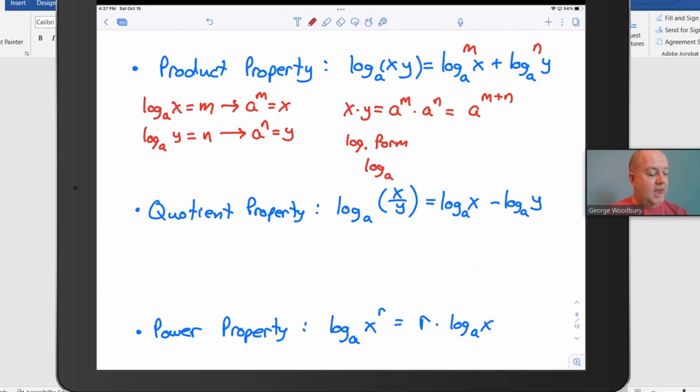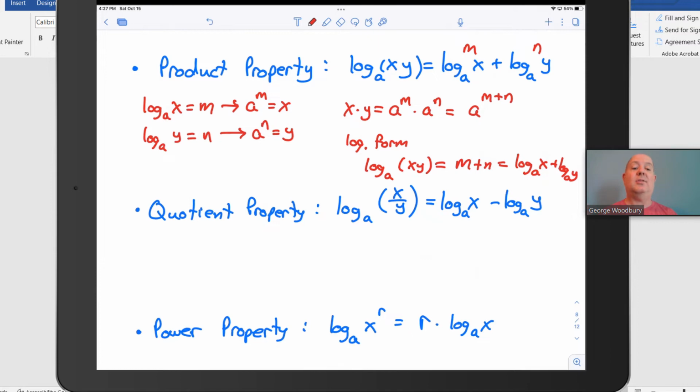Log base a of x times y equals m plus n, which is what we were claiming. It's log base a of x plus log base a of y. So there's a lot of rules for exponents that apply to logarithms as well, and this is one case where that happens. We can do the same sort of approach for the next property, the quotient property.